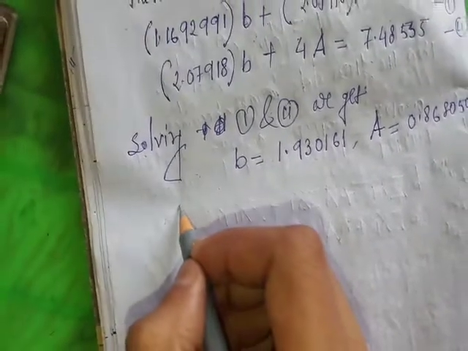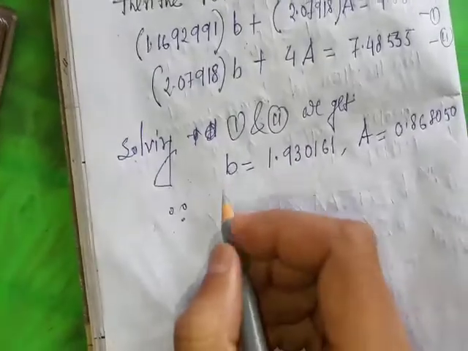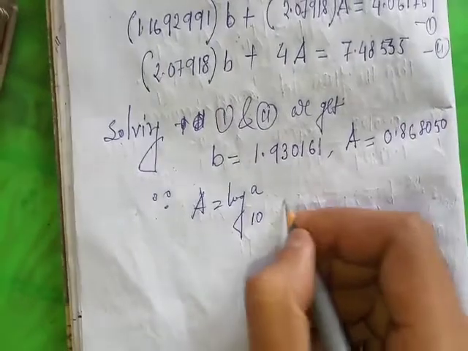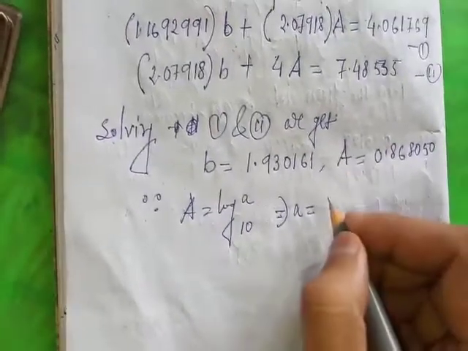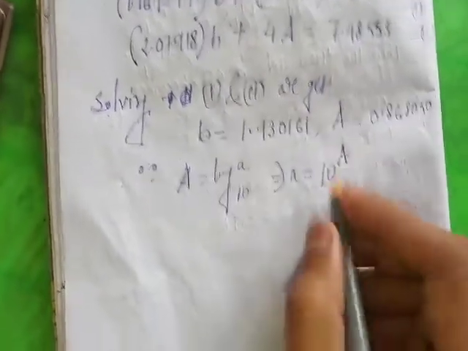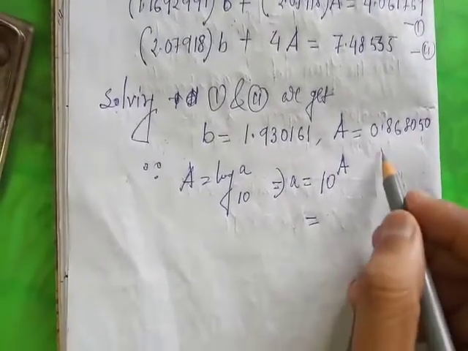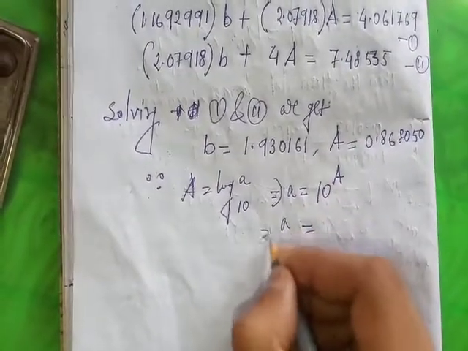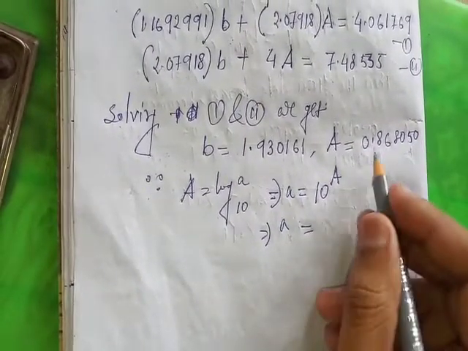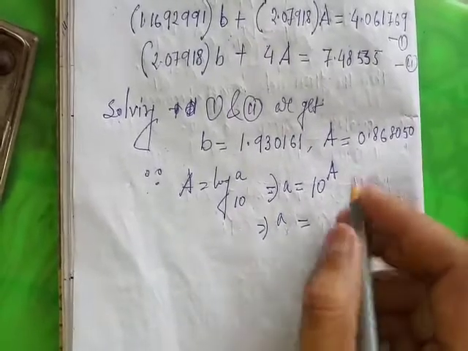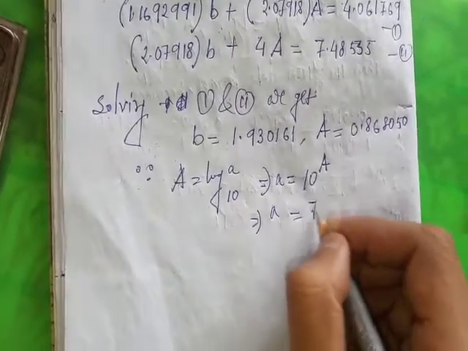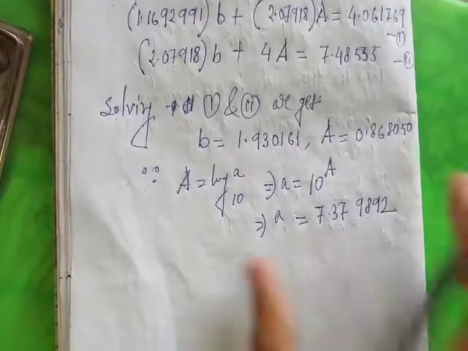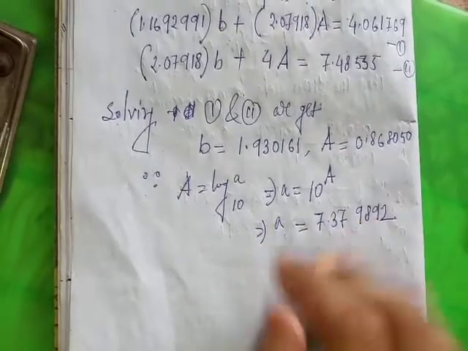Since capital A equal to log a base 10, small a equal to 10 to the power capital A. So 10 to the power 0.868050, we get the value of a equal to 7.379892. By the help of calculator we get the value of small a.